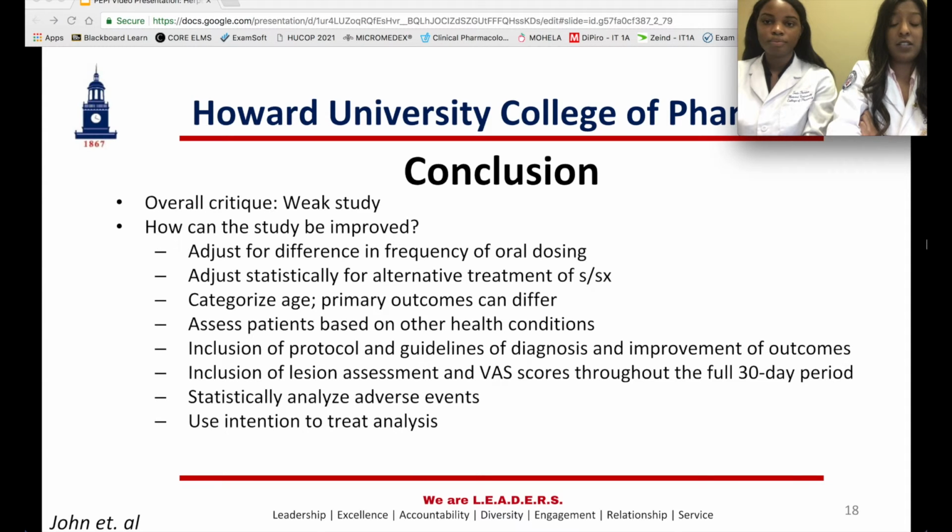Analyze adverse events. Like we said previously, adverse events are important to know about when we're assessing safety and efficacy of one treatment over the other. And also using intention to treat analysis. So by using intention to treat analysis, you get a closer picture of adherence seen in the community. And that can be used to inform community-based decisions about effectiveness of treatment.